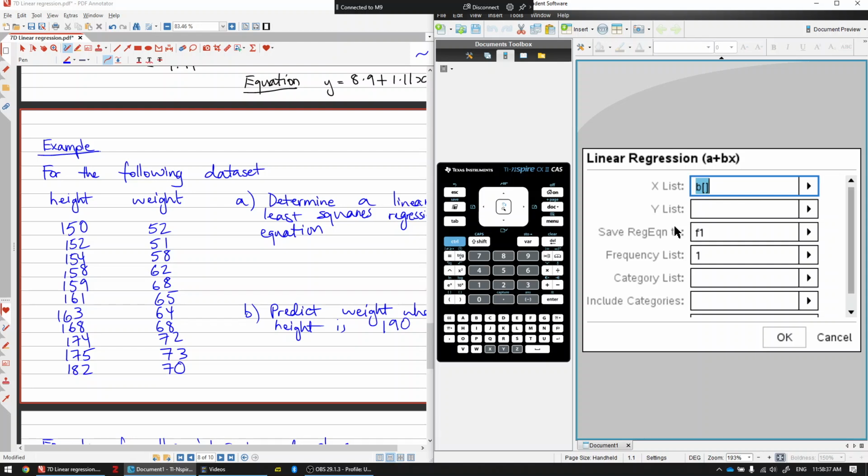Now, I haven't told you which one is the explanatory variable. I would have to tell you in an assessment. So for our purposes, we will use height as the EV and weight as the RV.